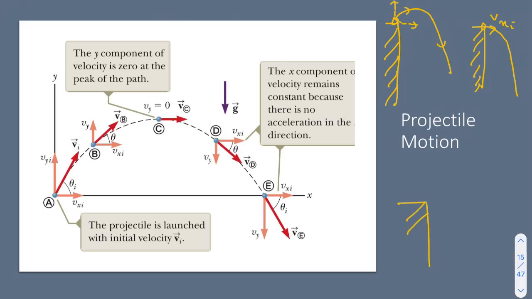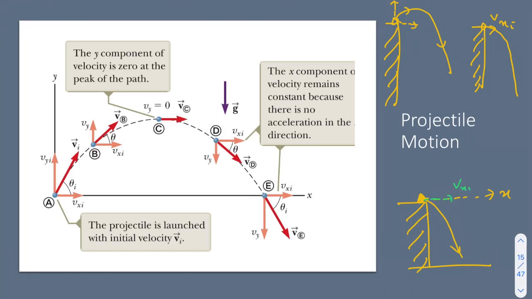A situation is from a certain height, let's say above the ground. Okay, you have an object and then the object is tossed down like this, below the x-axis. So from here, the Vx initial and the Vy initial.